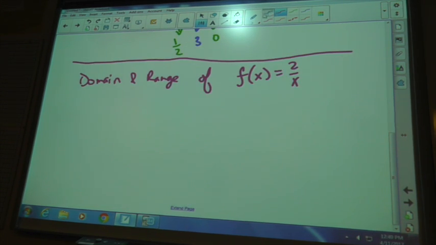It looks pretty much the same, except it's stretched.